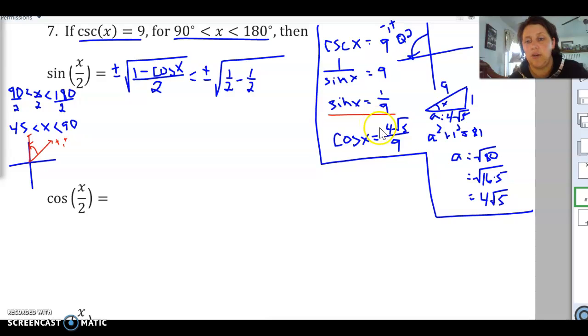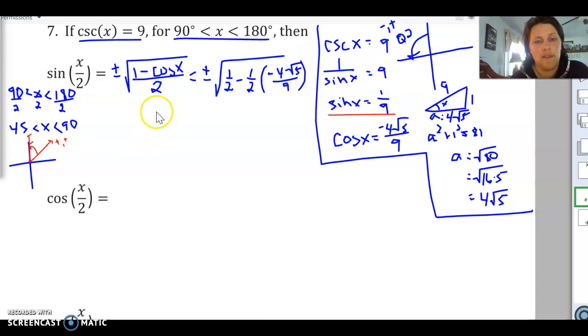Because of our domain over here, cosine has to be negative. We talked about that, but when I put in my final answer, I didn't make it negative. So because of our domain, we want this to be in quadrant 2 for all x values. Then we have to have a negative for our cosine. So our cosine of x, when we plug it in here, is going to be negative 4 square root of 5 over 9.